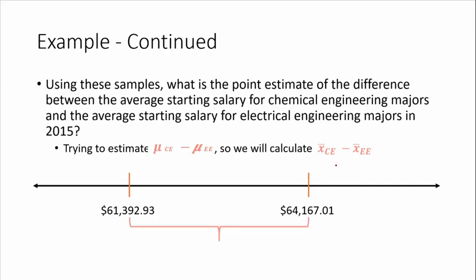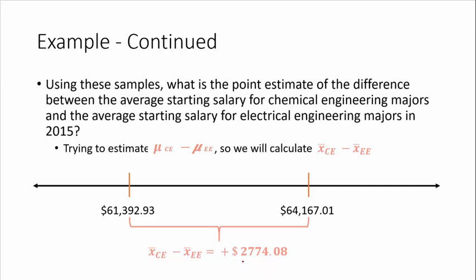So the point estimate for the difference is the difference between the averages in the two salaries. So chemical engineers made $64,167 and a penny on average, where electrical engineers made $61,392 and 93 cents. We take big number minus little number, and we get the point estimate for the difference.